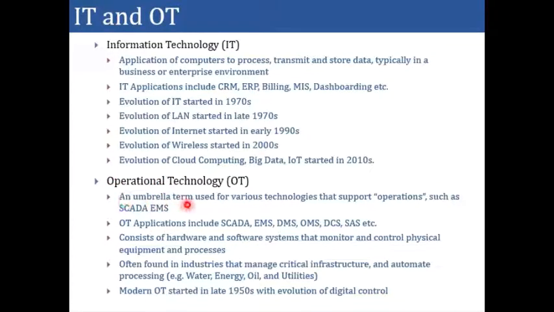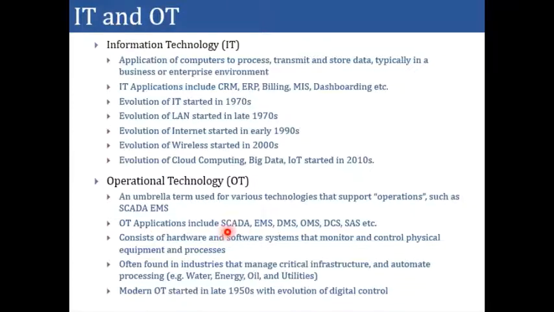In a power system network, the operations are nothing but the flow of electricity. So any sensing related to power flow and so on will fall under operational technology. So here, what are the applications?